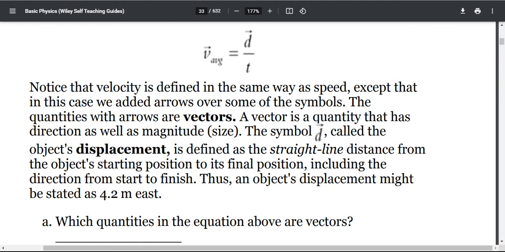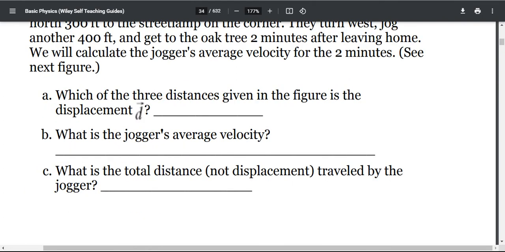So which of the three distances given in the figure is the displacement d? Only d with the arrow is displacement. In the figure, as you can see, we have 300 feet, 400 feet and 500 feet.